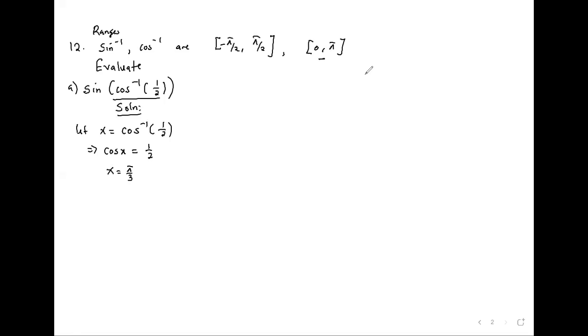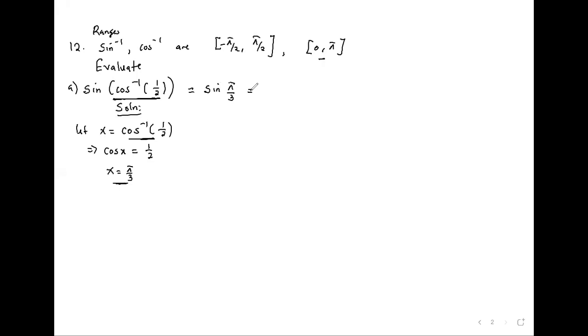The inside is cos, and then we pick the inside. So now we are saying the inside is equal to pi over 3. So what we have now is sine of pi over 3, and this is sine 60.